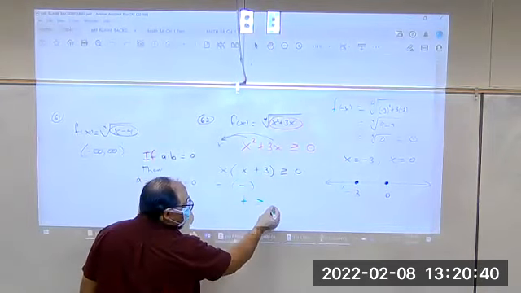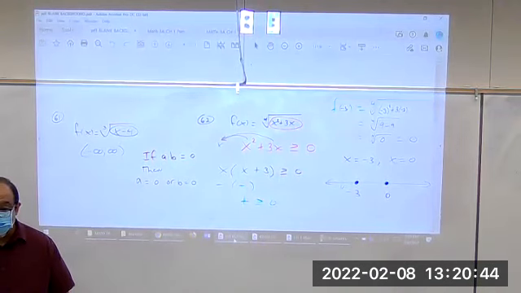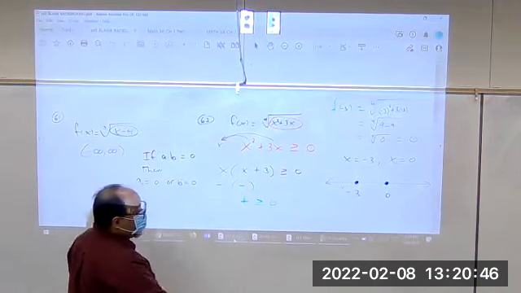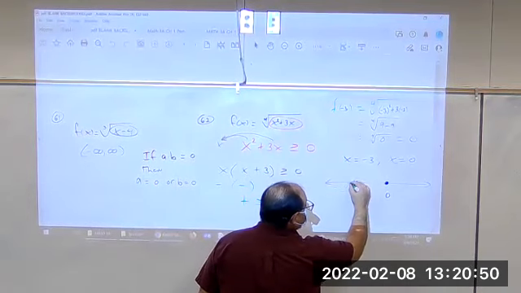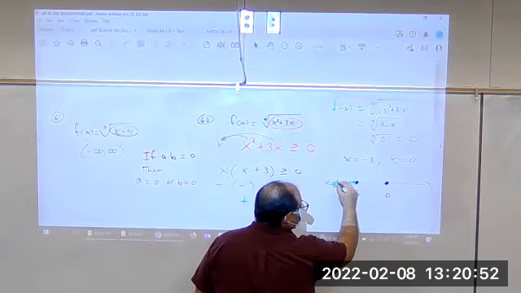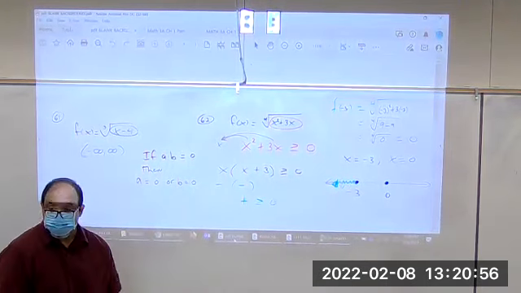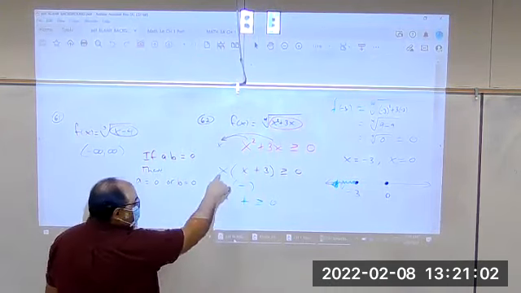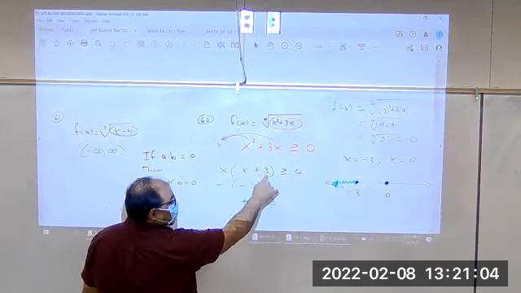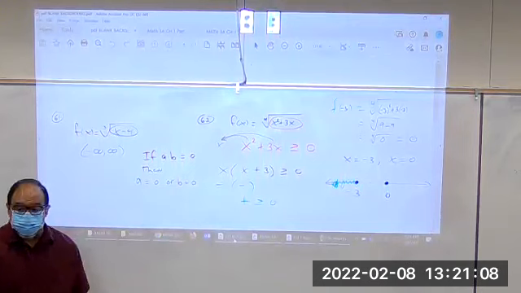Is a positive greater than or equal to 0? Yes. So if one number to the left of -3 works, everything to the left of -3 is going to work. I don't care if you pick -10. -10, that's a negative. -10 plus 3, that's a negative. Negative times negative is going to be a positive. It's going to work. Everything to the left of -3.